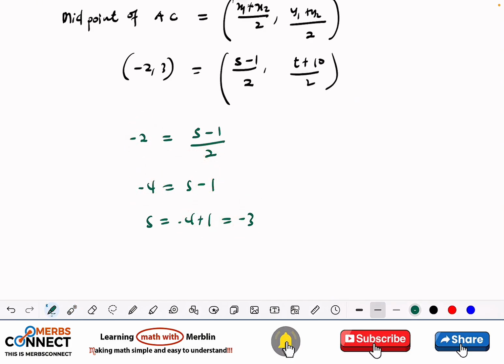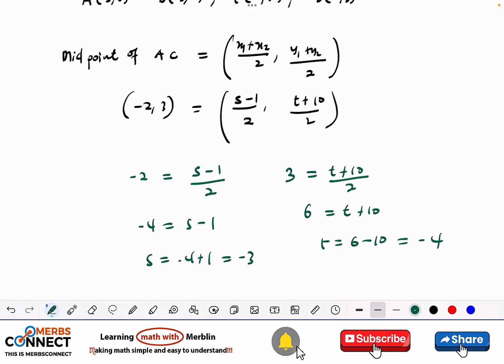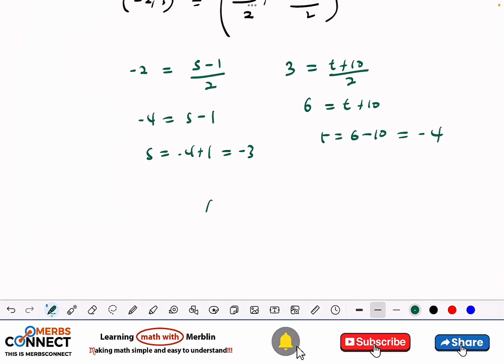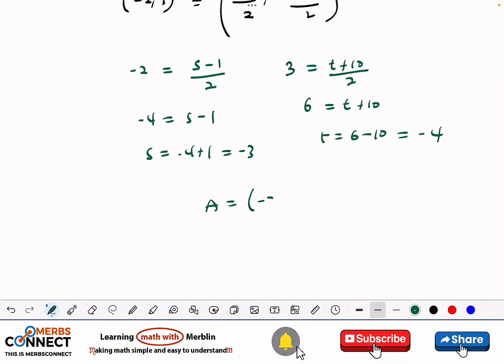Let's look at the other component. 3 will be equal to t plus 10 divided by 2. 6 is equal to t plus 10. And then t will be equal to 6 minus 10, which is equal to, no, minus 4. Right? So the coordinate for A, we said S and T, is minus 3 and minus 4.